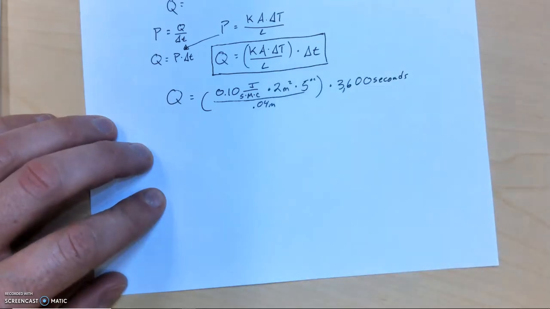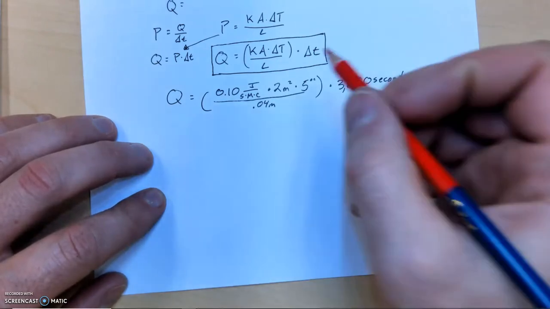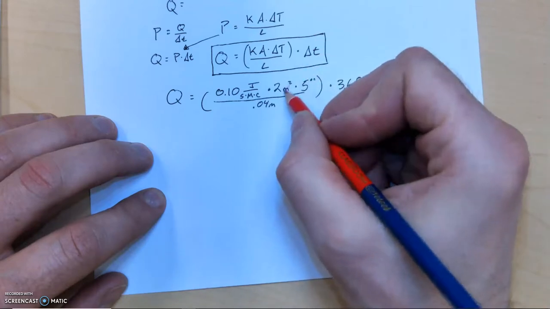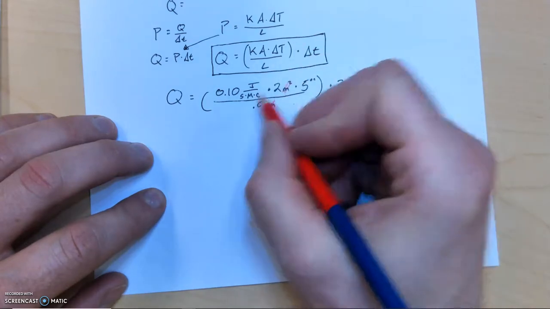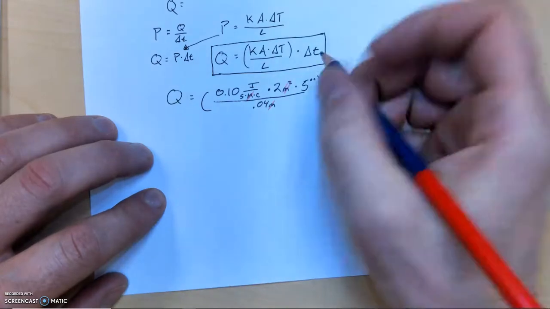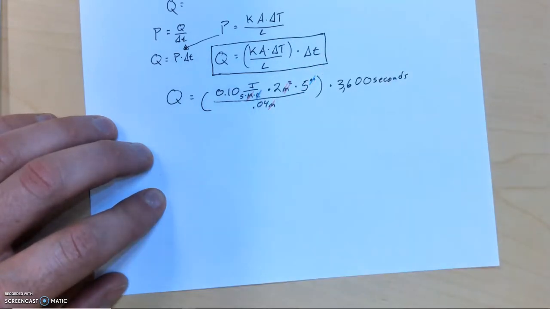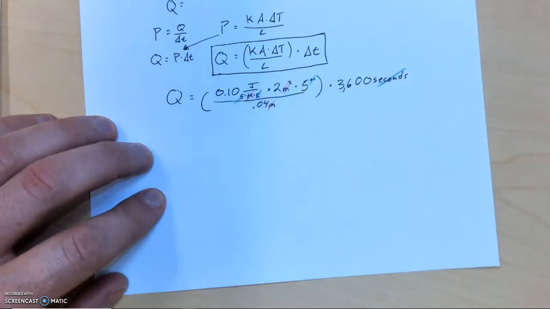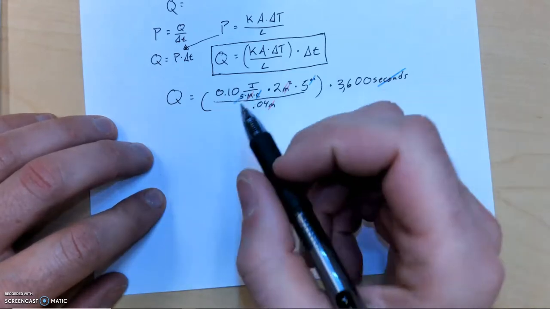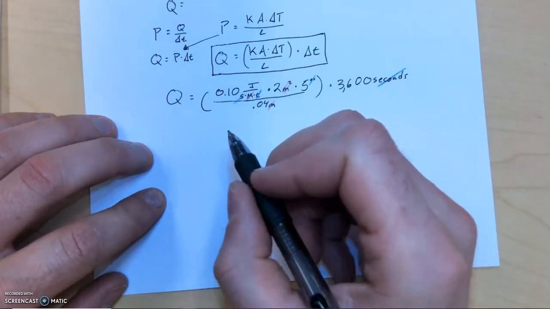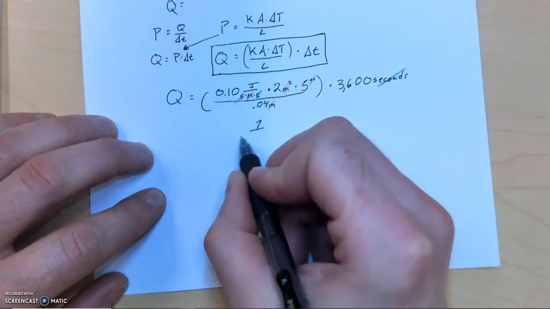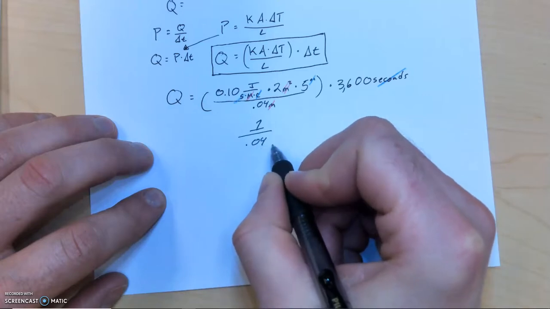Okay. Let's do some crossing out. Right away, we can cross out one of the meters here and the other meter there. We can cross out Celsius right there and there. And we can even cross out seconds because we got seconds over here and seconds over there. Okay, let's multiply this out. We're going to be left with 1, I know, nice easy number, over 0.04.